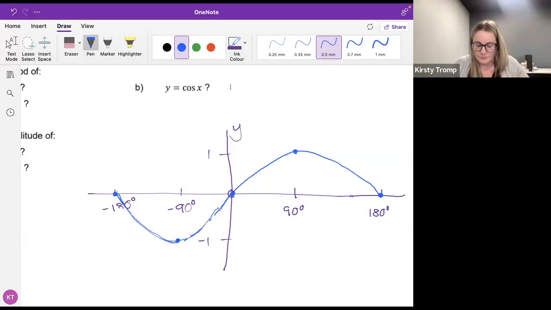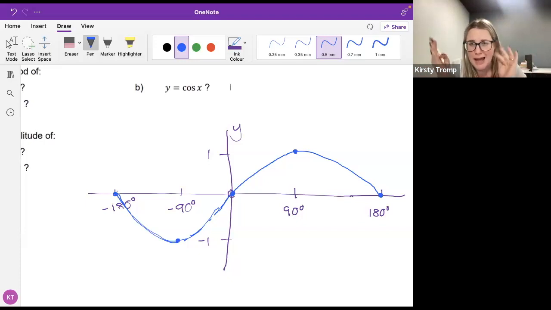Nice. Okay. So I had a question here that I saw. Somebody was asking me, ma'am, how do you know we're going from negative 180 to 180? Who can tell me?